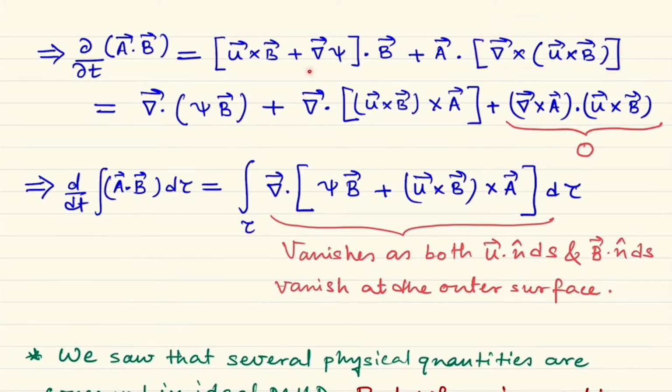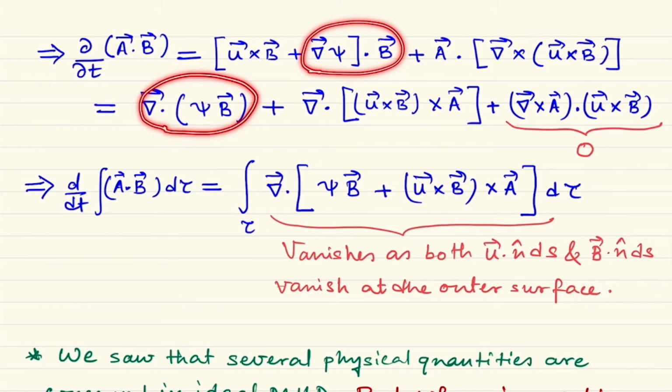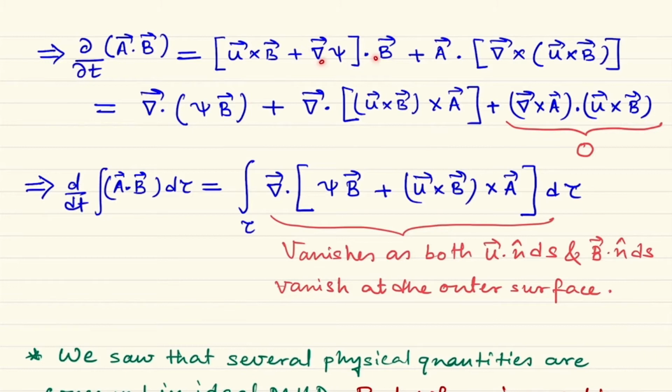This one I have taken to contract into a divergence, because divergence of B is 0. So I can take B inside and write divergence of psi times B plus, then, you can see there are two things.